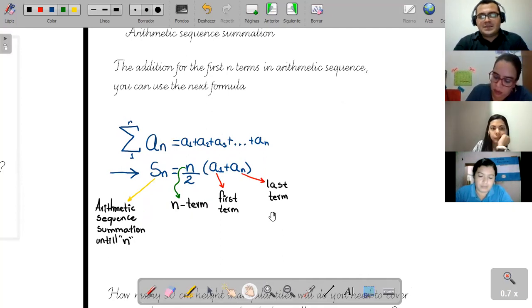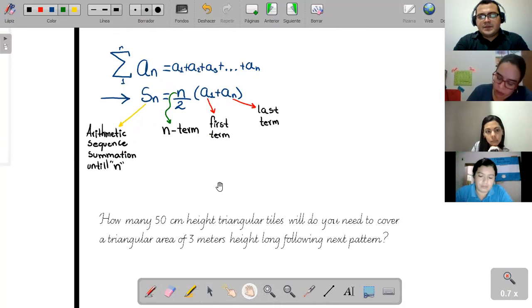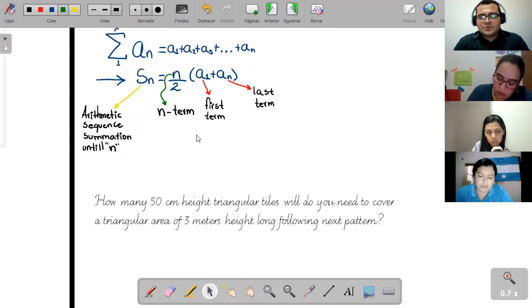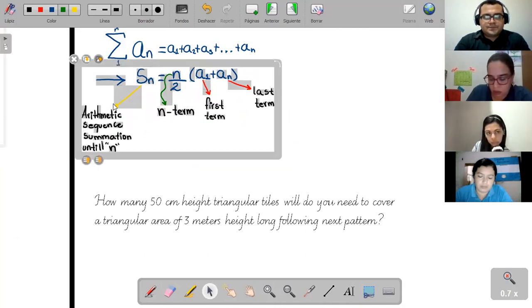So we're going to need these ideas, and essentially this is how the formula works. There's a little problem, and it's going to be useful to understand how this formula is useful for the exercise. I mean, to understand the idea. That's my point.